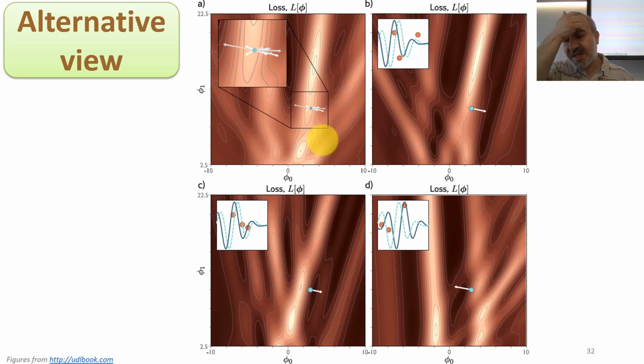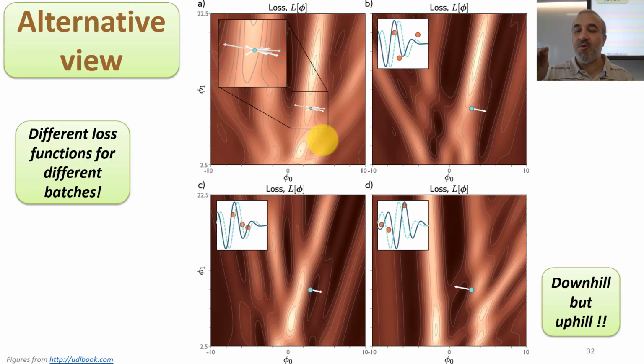Okay, so actually the textbook says a nice statement here. It says we go downhill but uphill. We went downhill with respect to the loss function of the batch. So we are minimizing in the space of the loss function of that batch, but actually we are going uphill, it seems, based on the original loss function, which is based on the entire training set.